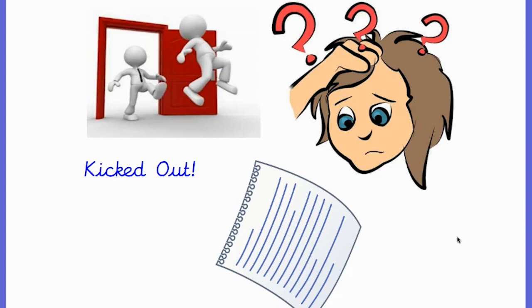Now, just to explain this in a little bit more detail, being kicked out of writing is like when you're reading a piece of writing and then suddenly feel, oh, that's a little bit confusing, or that didn't quite make sense, or I'm a bit lost here. Now, if you're having that feeling when reading a piece of writing, that's usually a good indication that the child is working towards the expected standard and not at the expected standard.